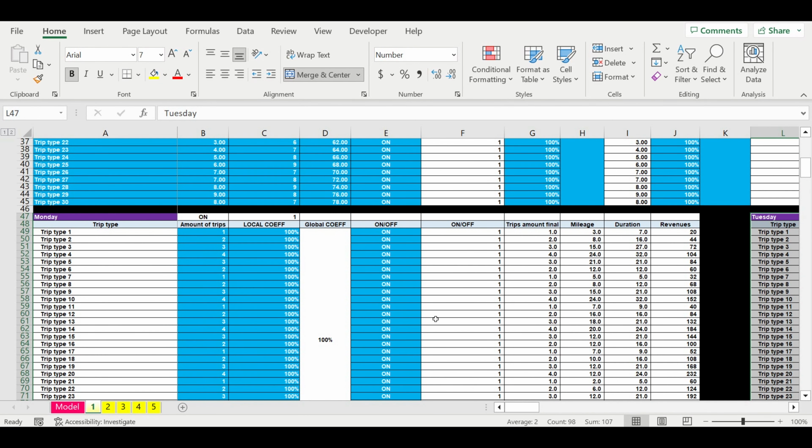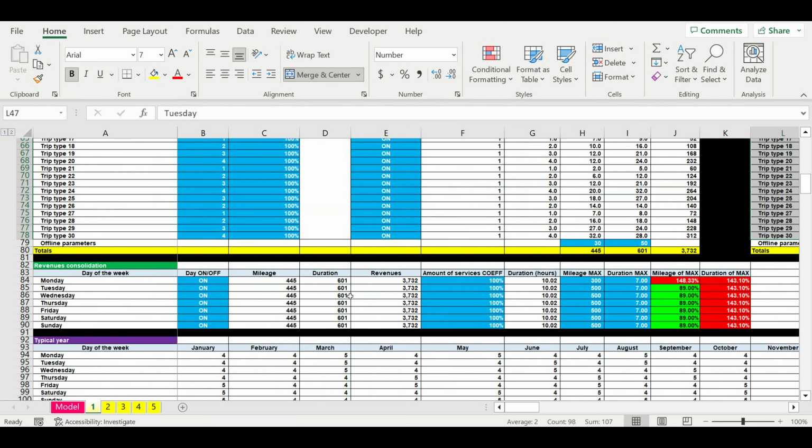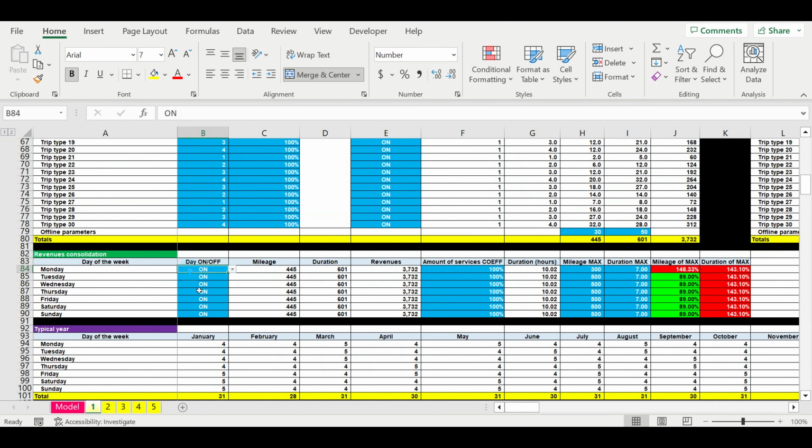Then we have an inputs area where we can switch different days inside the typical week on and off from calculations. We can increase or decrease the amount of trips for each day of the typical week.